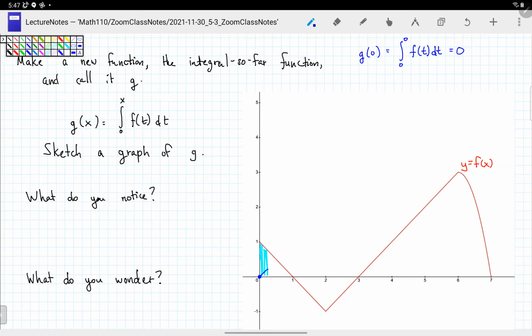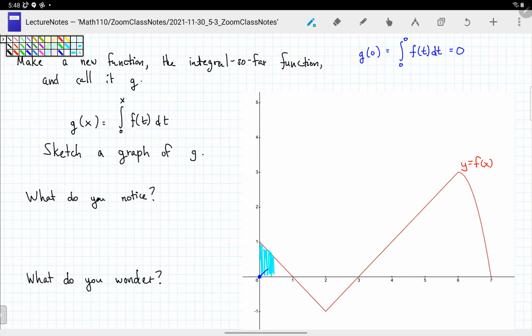And as I am adding more area, I'm actually adding area more slowly as I go along, because the height of that triangle, where I'm adding positive area, is decreasing.